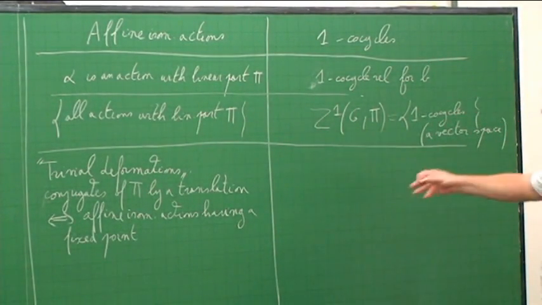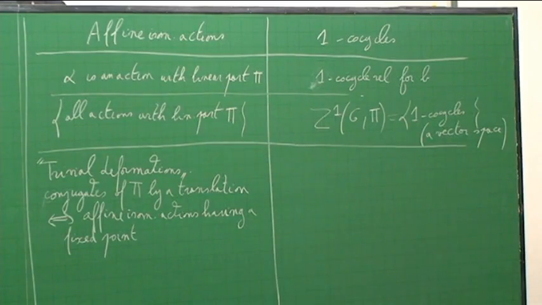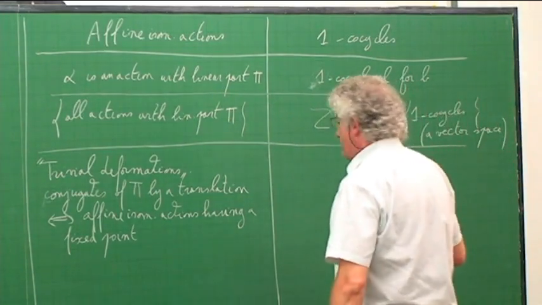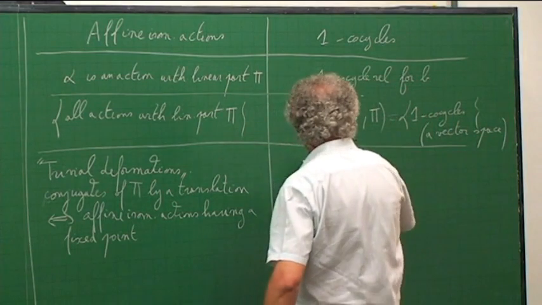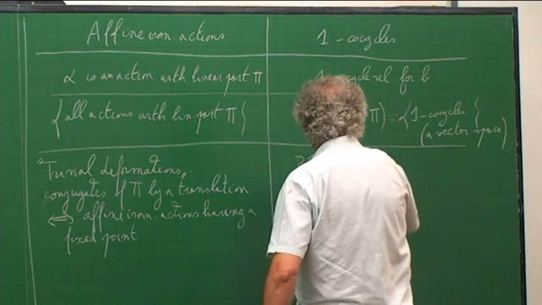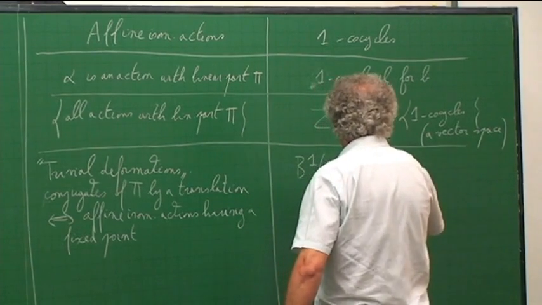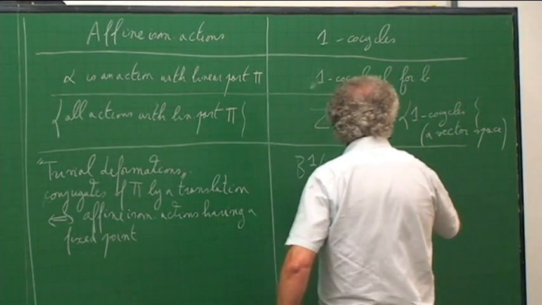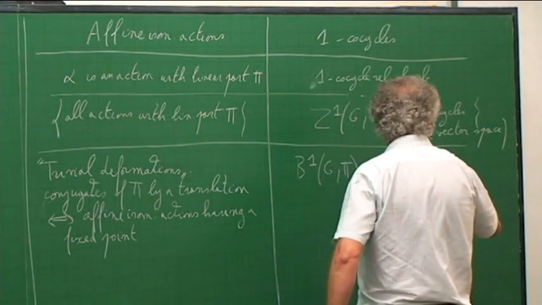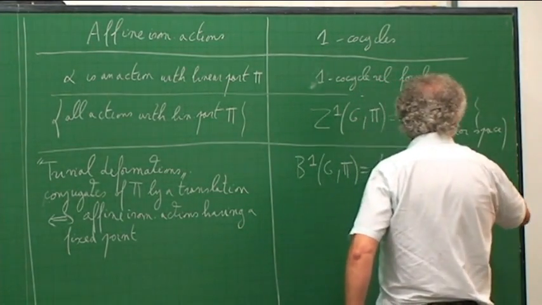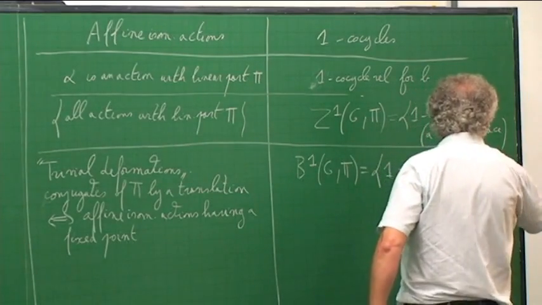And on the right-hand side of the dictionary, this corresponds to the space of 1-coboundaries. So B^1(G, pi), the 1-coboundaries.